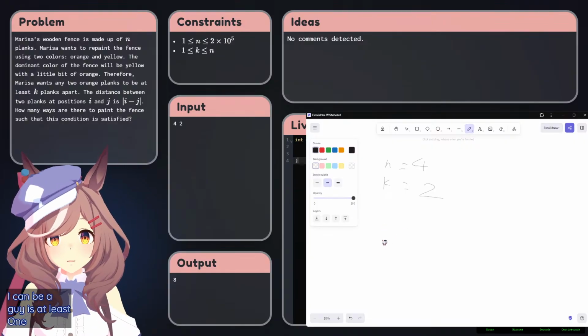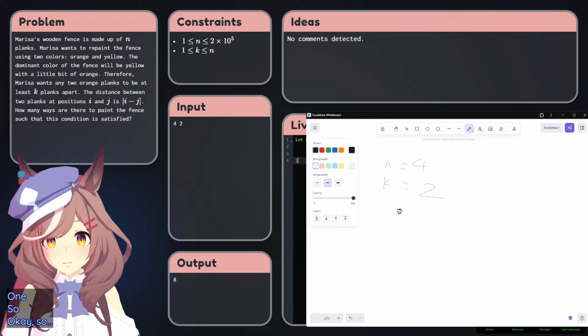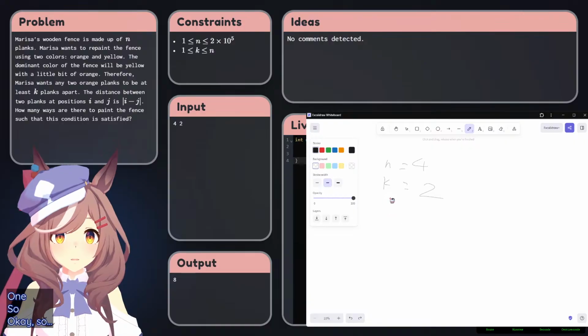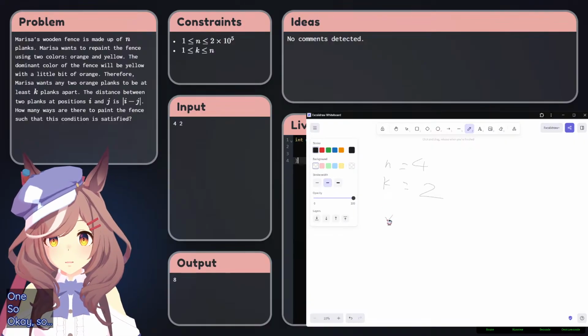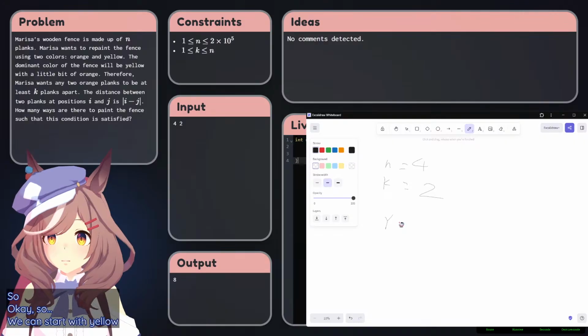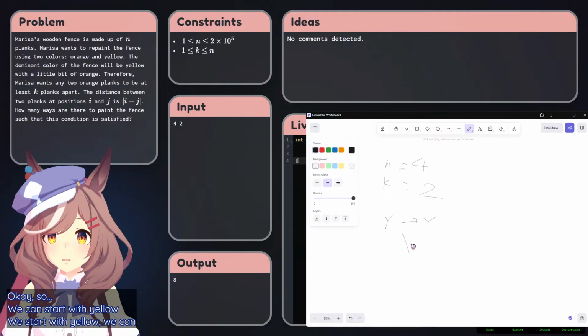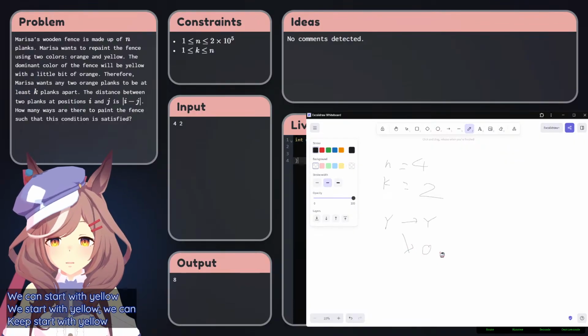For n equal to 4, we can start with yellow, and keep yellow, or we can start with orange.